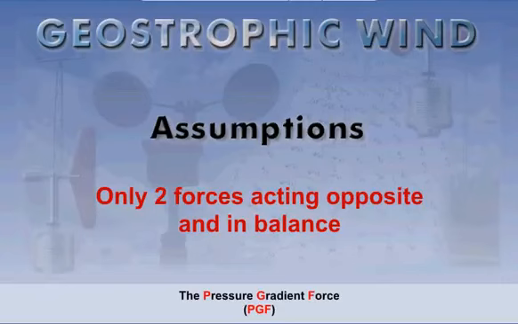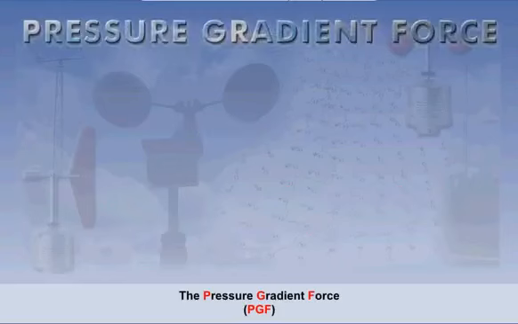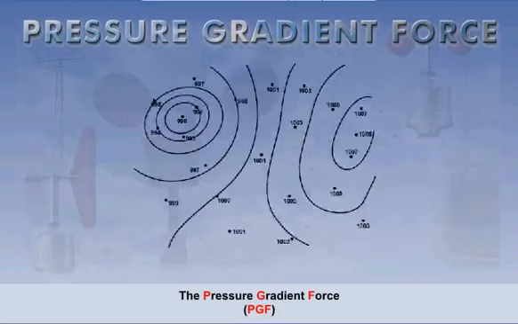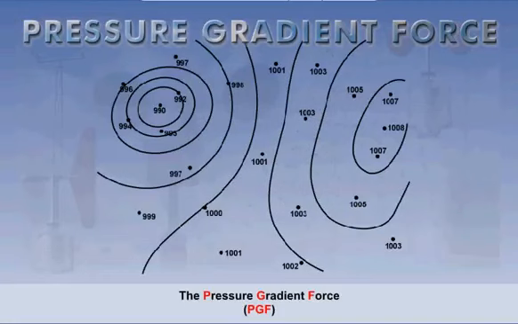The first of these is the pressure gradient force, or PGF. Looking at the diagram, we can see this is the force that acts from a high to a low pressure. How can we judge the strength of this force from a chart? Just like contours on a map showing us terrain gradient, isobars tell us the pressure gradient.